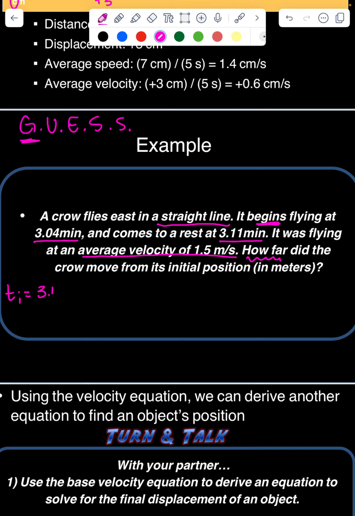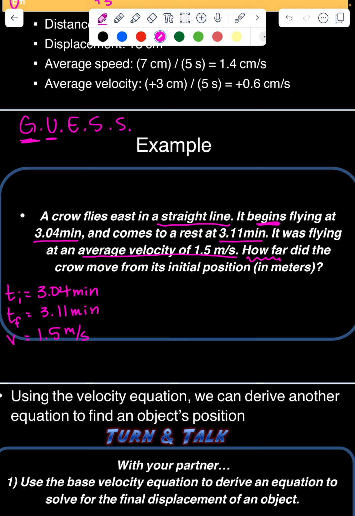So t initial is 3.04 minutes. It comes to rest, so that's going to be our final time at 3.11 minutes. If it was flying at an average velocity, there's our average velocity of 1.5 meters per second. Okay, those are our 3 givens.